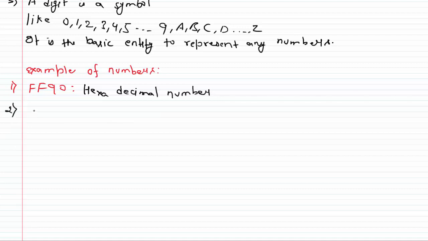Next in the list is this, a decimal number, and the number system that we use to represent this number is known as decimal number system. It's also an example of hexadecimal number.